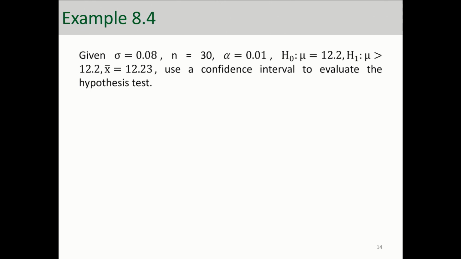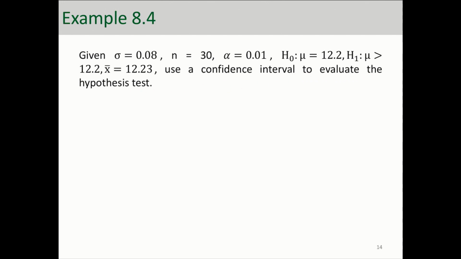They don't want to produce bottles that have volumes of more than 12.2 ounces. So what we do is we collect a sample of 30 bottles and we take the average volume of them, that's 12.23. With the alpha of 1%, use a confidence interval to evaluate the hypothesis test.